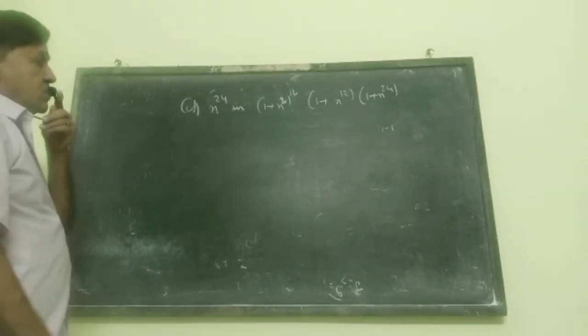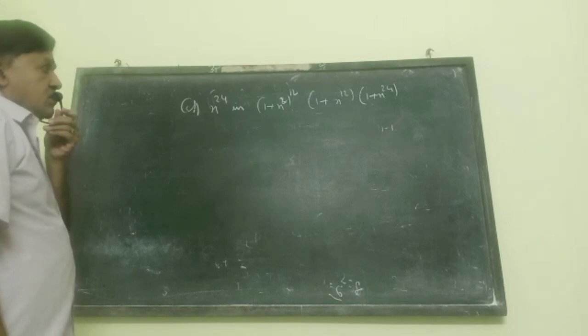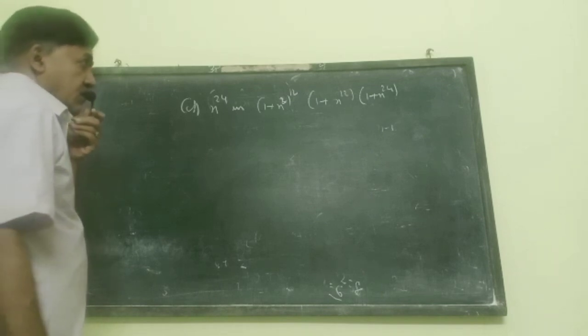Coefficient of x power 24 in the expansion of 1 plus x square whole power 12 into 1 plus x power 12 into 1 plus x power 24.